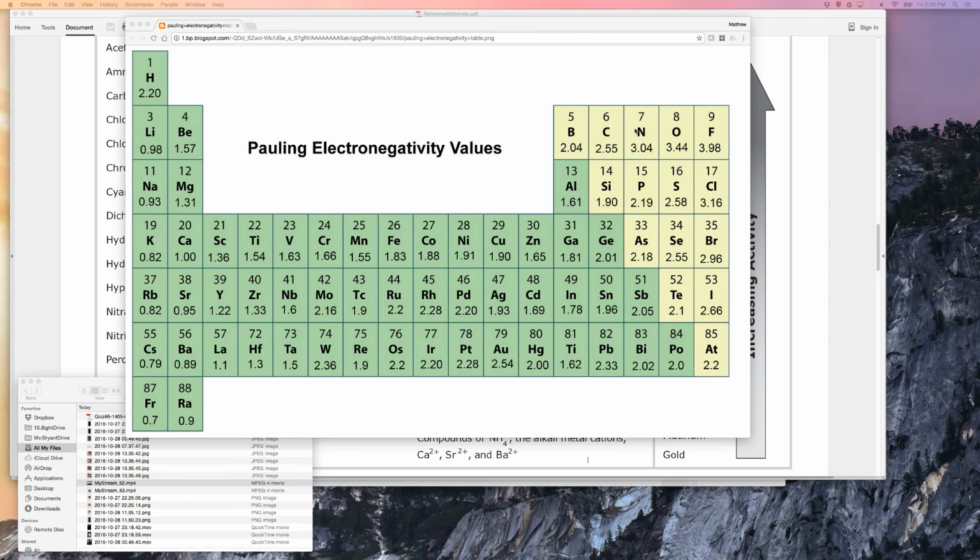Notice that as you move to the right, these numbers increase, and as you move down, they decrease. And notice that our metals are all shown generally in green, and they usually have lower electronegativities than our nonmetals. And these nonmetals up here are going to be your more electronegative atoms when we're dealing with covalent compounds. Remember, covalent compounds only involve these yellow ones plus our hydrogen over here.